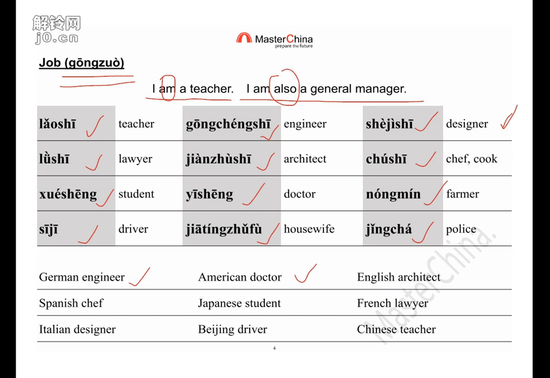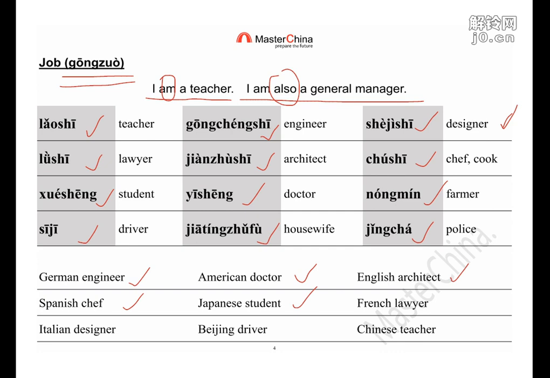How about this one? Great. 英国建筑师. This one? 西班牙厨师. Good. So, please just say it yourself first, then check my answer. 日本学生, right?